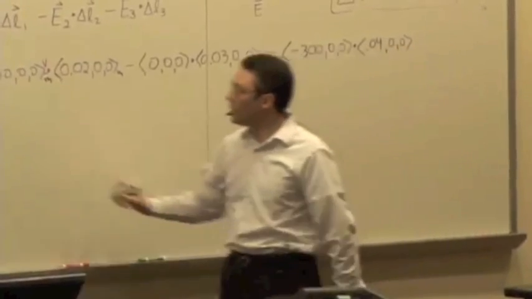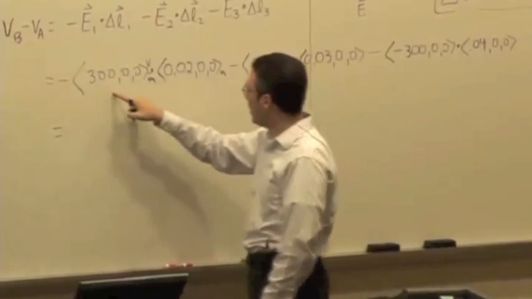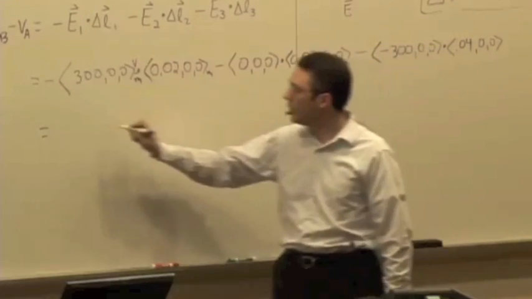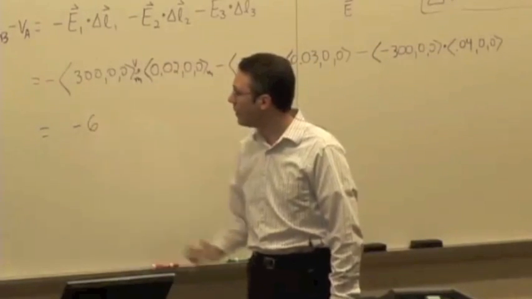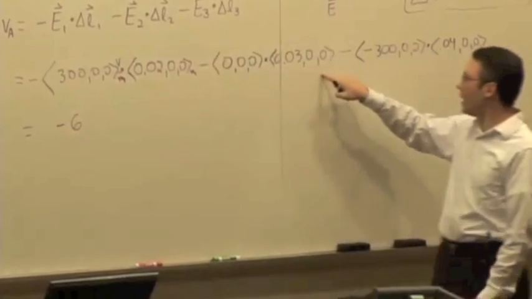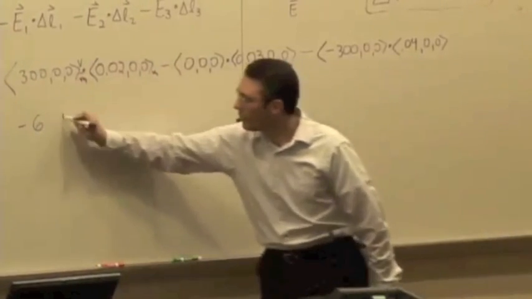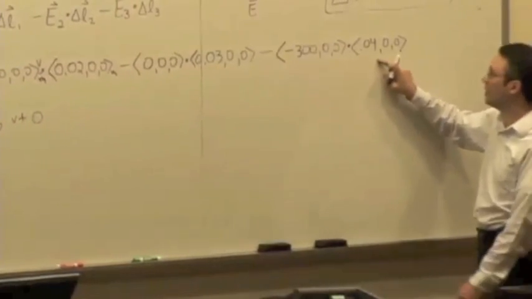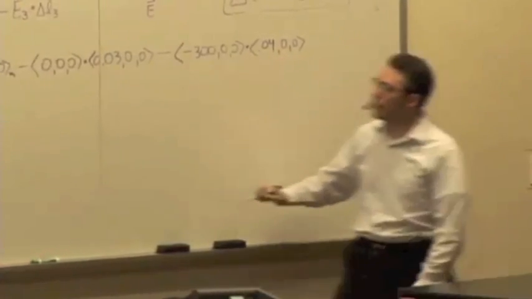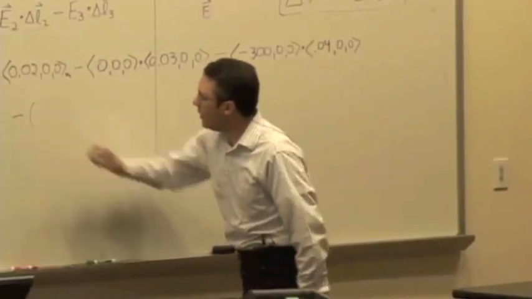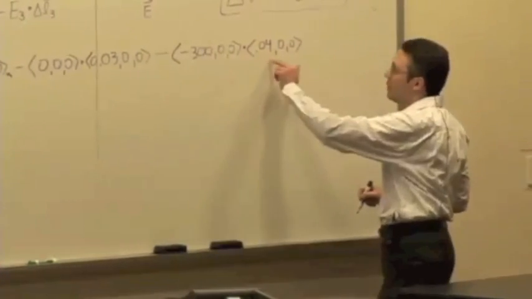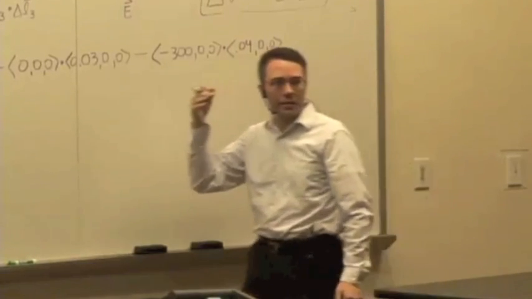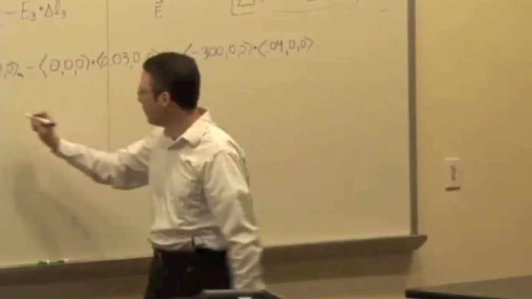So I get what? This is going to give me negative 6, right? This is going to give me 0. And this is going to give me what? I'm subtracting, and I have a negative 300 times 0.04. That gives me a negative 12, right?